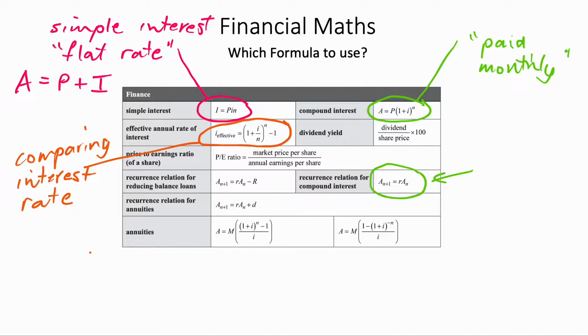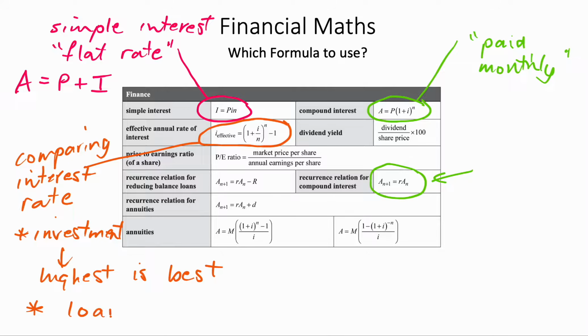So what you would want to keep in mind is that if it's an investment, you want the highest rate. The highest is the best. And then if it's a loan, the lowest is the best. So keep that in mind for a question involving comparison of rates.